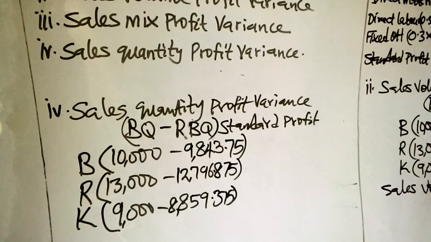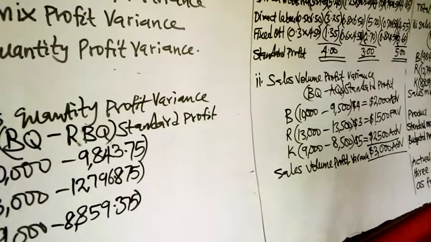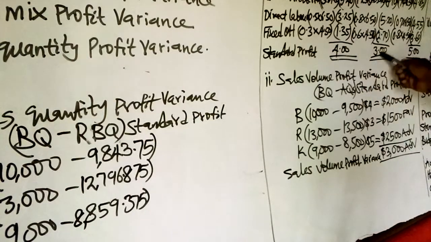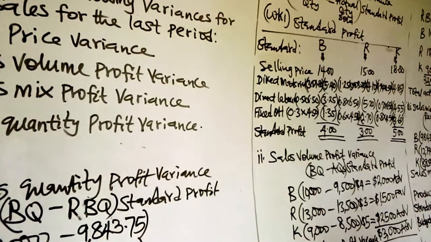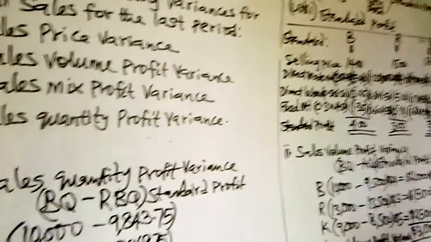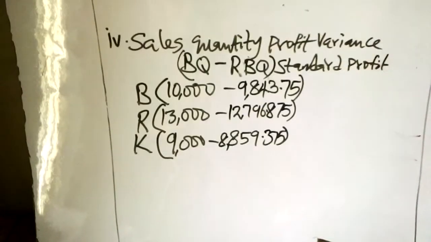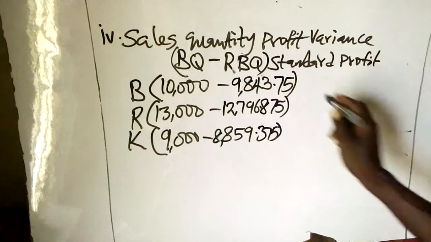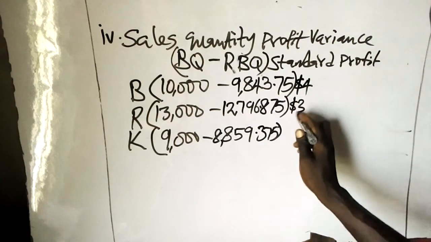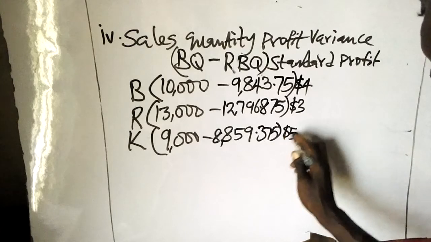Our standard profit as calculated, we got $4, $3, and $5 from our earlier calculation.